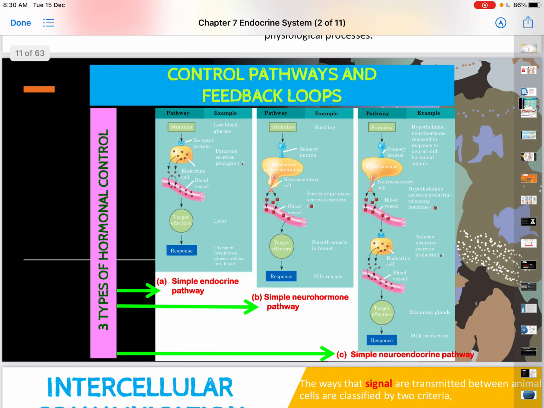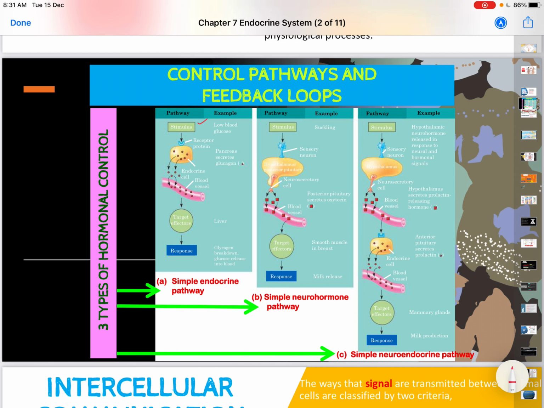Okay, let's see the pathway and the feedback loops for each type. There are three types of hormonal control. The first one is the simple endocrine pathway. This starts from the stimulus, which is normally detected by a receptor in our body, for example low blood glucose.